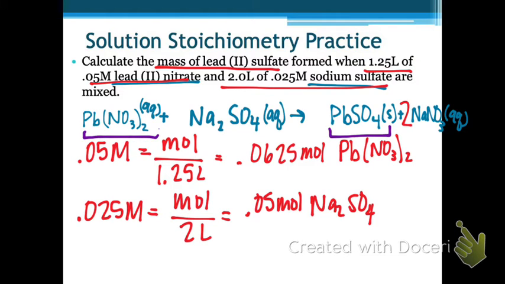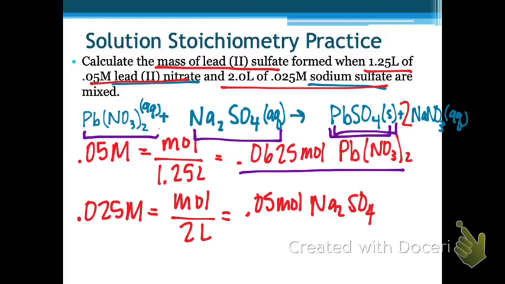Isn't that one 1-to-1? And is this one 1-to-1? Right. So we could run the stoichiometry table, but we don't have to do two, since they're both 1-to-1 ratios. If I put in this many moles of lead nitrate, I'm going to get out this many moles of lead sulfate.